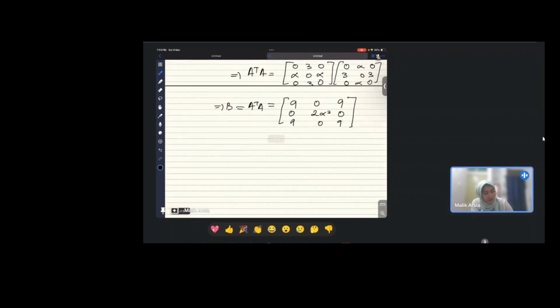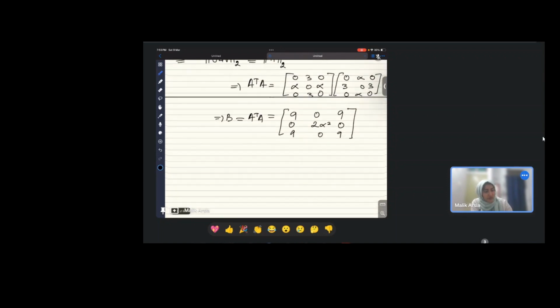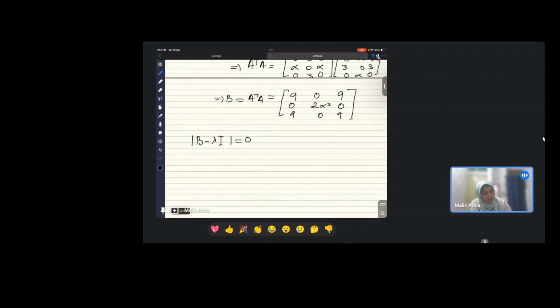Now we have to find the eigenvalues of this B matrix, which is nothing but A transpose A. So now the determinant of B minus lambda I should be 0 for calculating the eigenvalues, which implies the determinant of 9 minus lambda, 0, 9; 0, 2 alpha square minus lambda, 0; 9, 0, 9 minus lambda should be equal to 0.